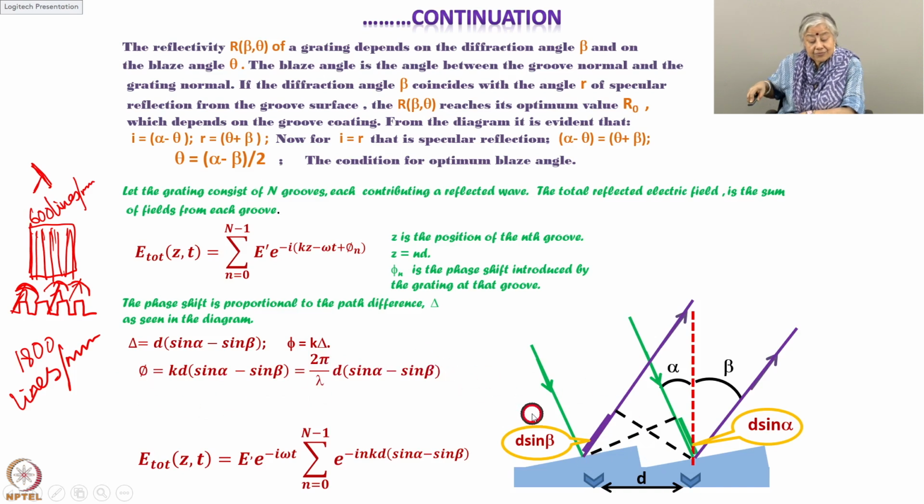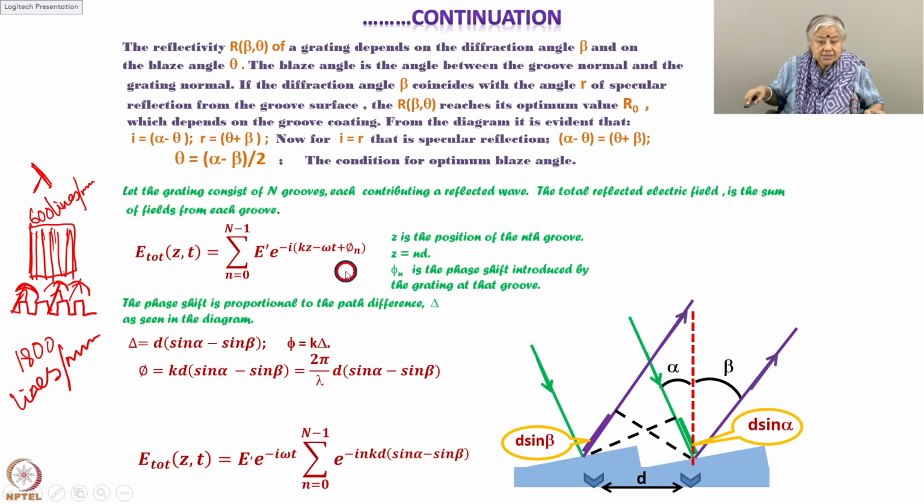Now, like that there will be n number of grooves. The next groove will again have a path difference with respect to the first groove. The third groove will have a path difference with respect to the first groove. So, we have got to add up all those path differences to get the actual phase difference. Here phi is giving you the phase difference.